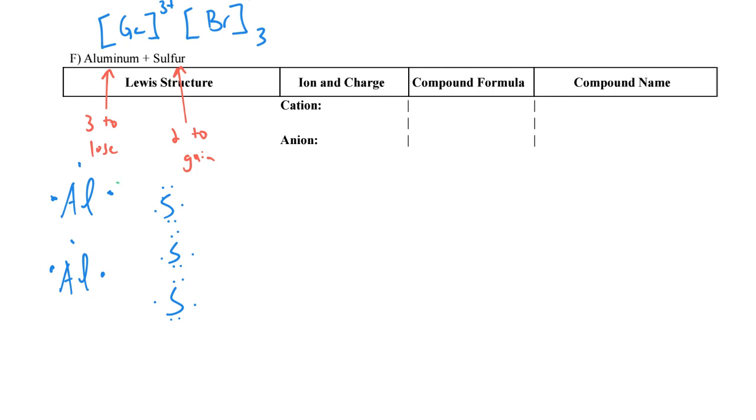All right, and then the electrons will flow from the aluminums to the sulfurs, but each sulfur can only take 2, so the aluminums have to kind of split up their electrons to make sure they all go somewhere.